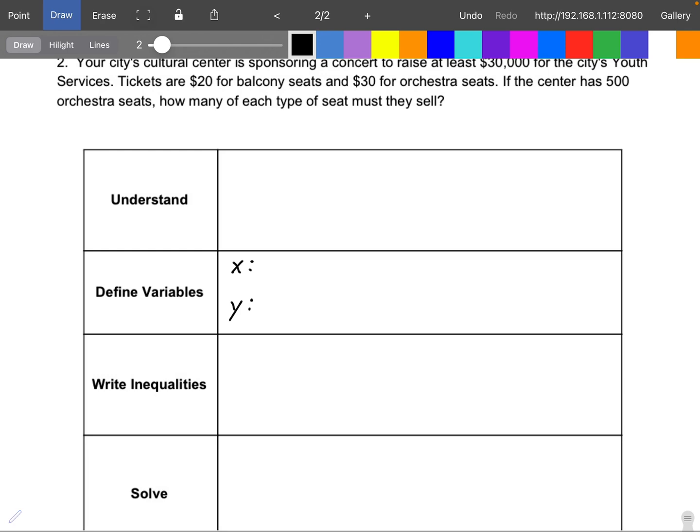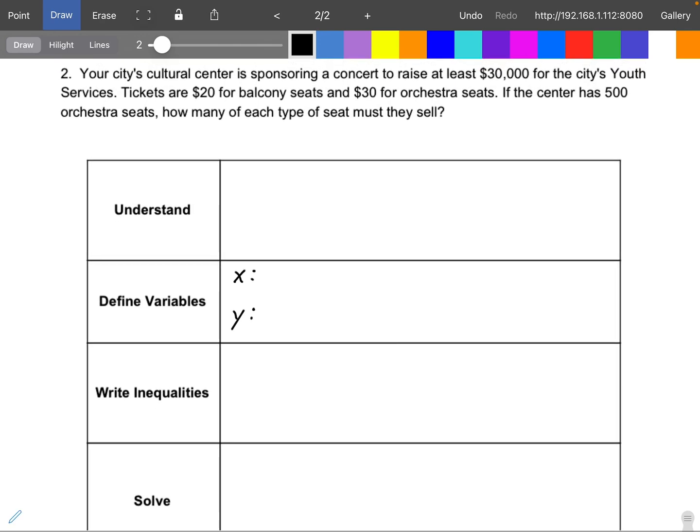But are we finding the cost of them or how many? So it says how many of each type of seat must they sell? So our variables stand for how many. So X is the number of balcony seats and then Y is going to be the number of orchestra seats.